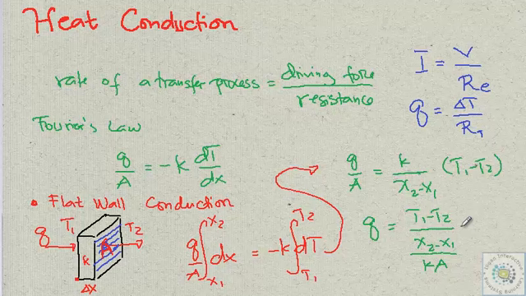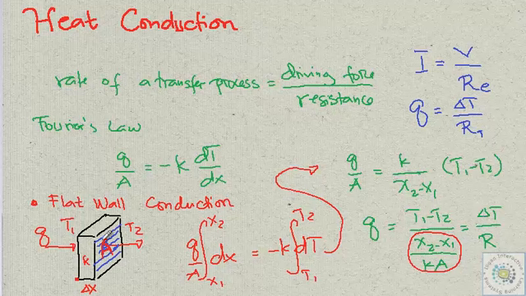And this can then further be rewritten as equal to delta T over R. Okay? I call this my thermal resistance. In this case now, R will simply be equal to this: the thickness, x2 minus x1, over Ka, the resistance to heat flow, and T1 minus T2, the driving force.